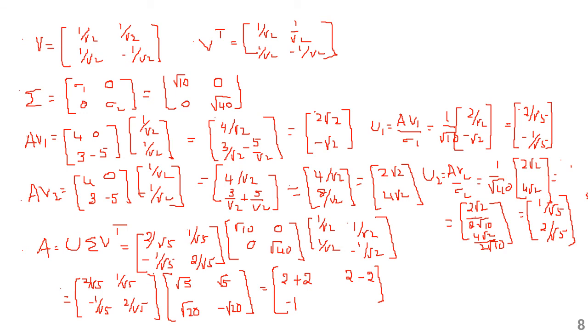Root 20 multiplied by 2 root 5, so you have 2 into 2 into root 5, which gets cancelled out, so you have 4. Then once again it is minus 1 and this is minus 4. When you simplify this further, you get 4, 0, 3, minus 5. This is the A matrix.